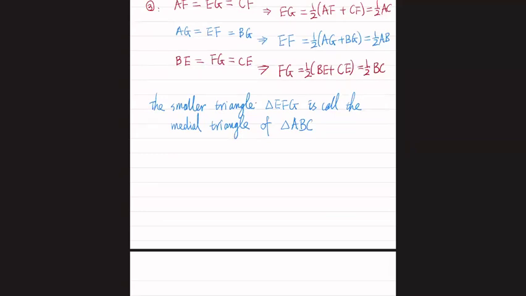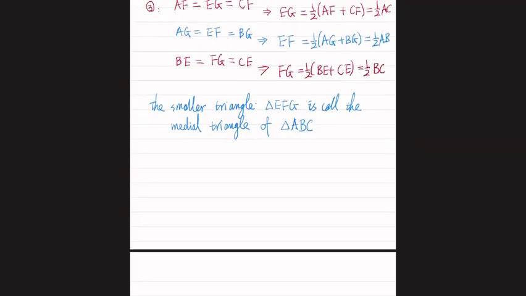Next, we want to generalize this. If I start with the triangle ABC, if I go to the midpoint, we know they are congruent and they are parallel.